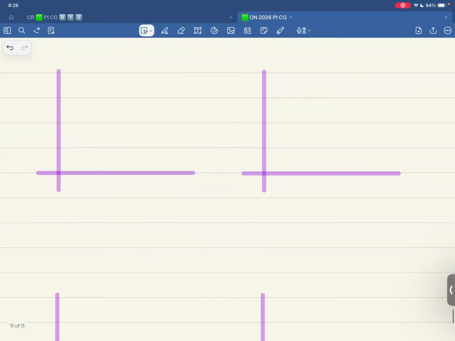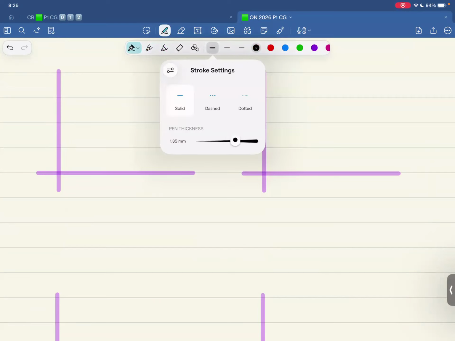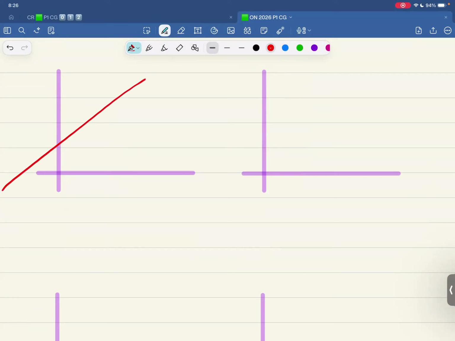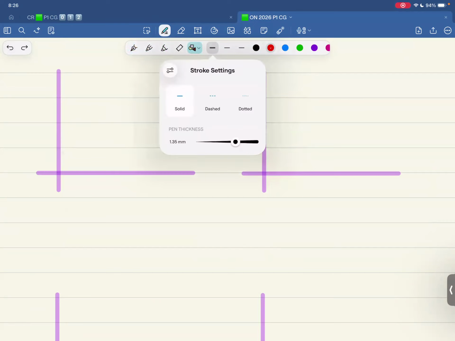Okay, now let me draw a few lines over here. First of all, let me make the pen a little bit thicker. If I draw a line like this, it's very thick.